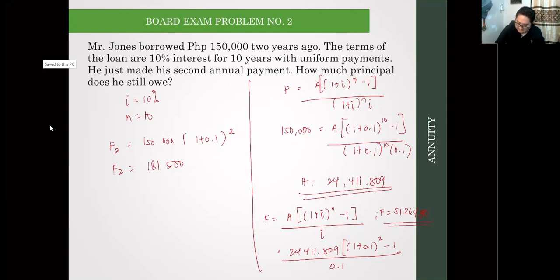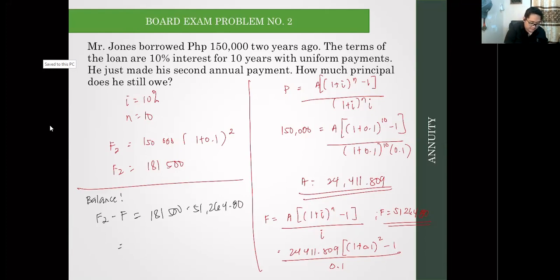So, ibig sabihin ng balance natin will be equals dun sa utang na natin at the start of 2 years, yung F2 minus yung nabayad na natin na F. So, 181,500 minus 51,264.8. That is 130,235.2. Okay? So, ito pa yung nautang niya.